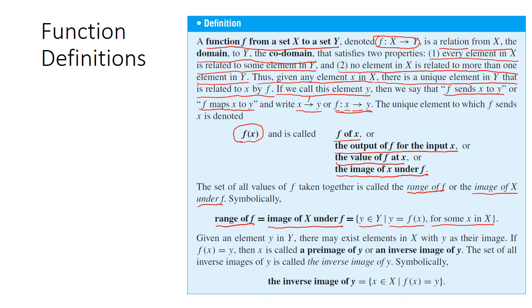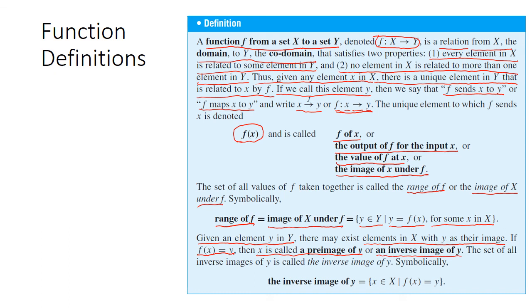A few more terminologies down here. Given an element little y in big Y, there may exist elements in big X with little y as their image. There may be some elements in big X that have y as their image, or there may not be any. But if you do have that f of x equals y, then x is called the pre-image of y, or the inverse image of y under the function.